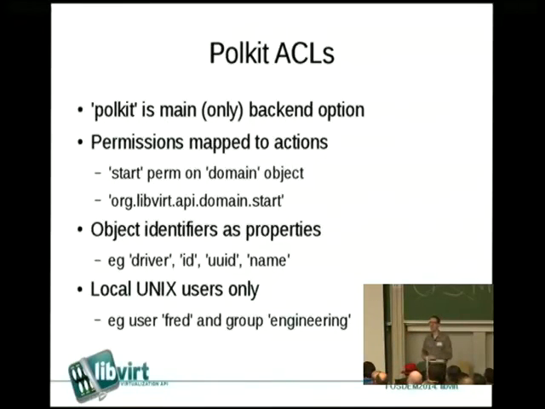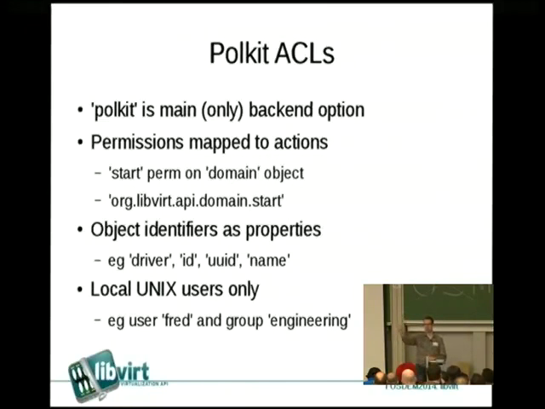So the first and currently only access control mechanism we have is based on PolicyKit. Every Libvirt API has one or more permissions associated with it. And when you go to the API documentation, it'll tell you exactly what permissions are required for which API.